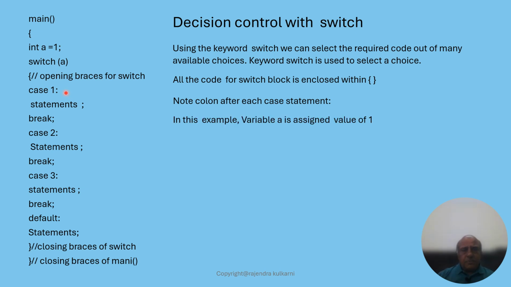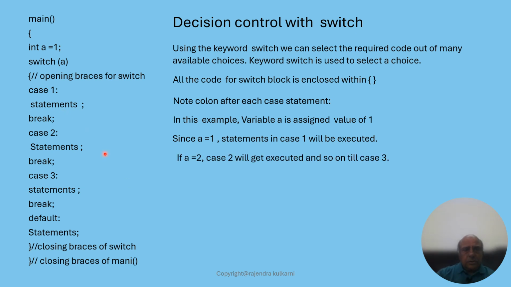In this example, we have assigned a the value 1. Since a is equal to 1, statements in case 1 will be executed. If a is equal to 2, case 2 will be executed. If a is equal to 3, case 3 will be executed.